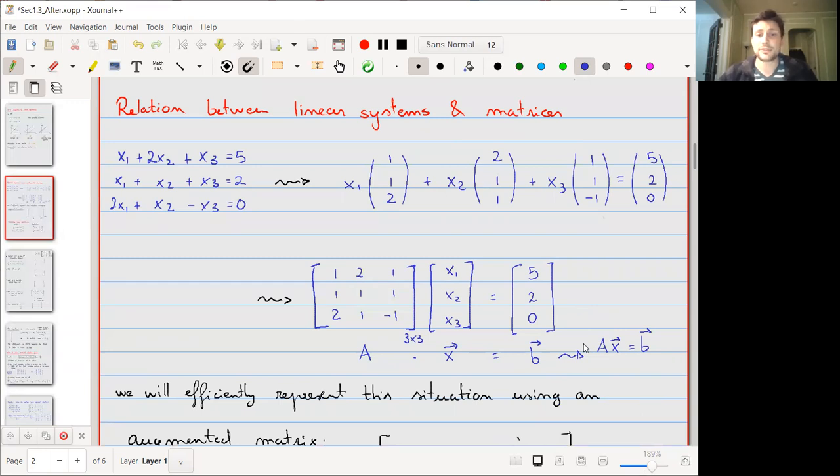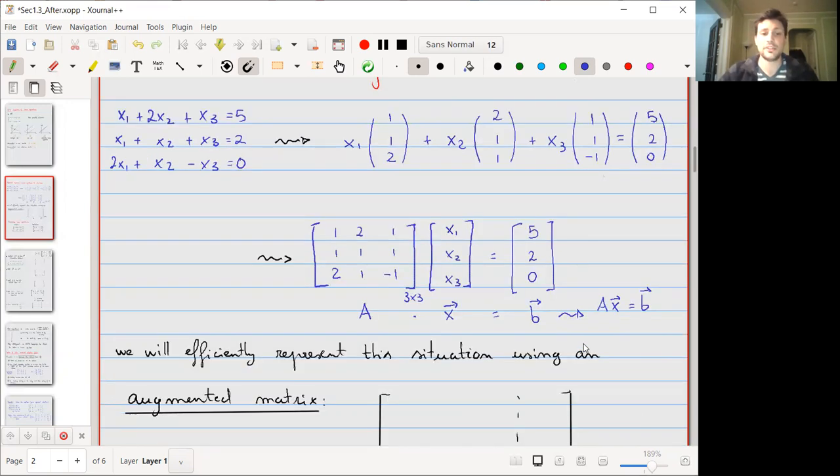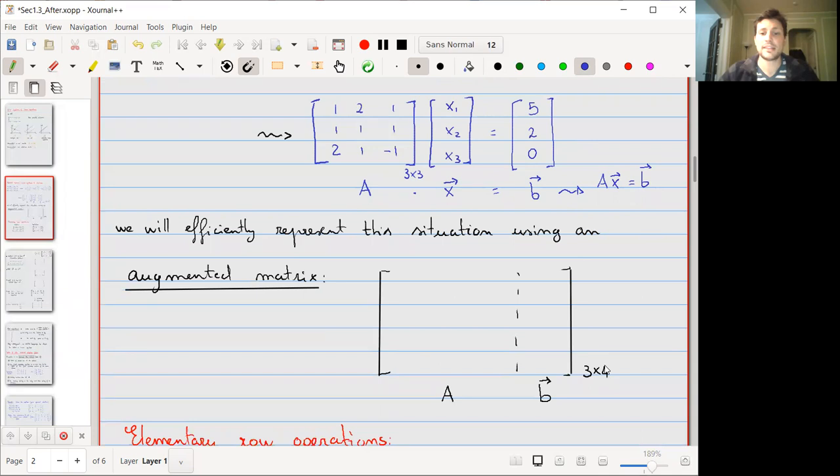We can condense this writing even more by packaging all of the information in the linear system into a matrix that will be called the augmented matrix.